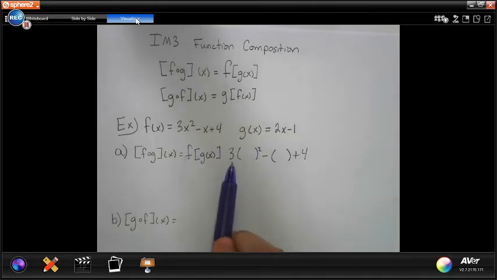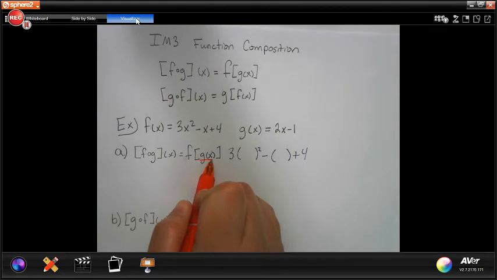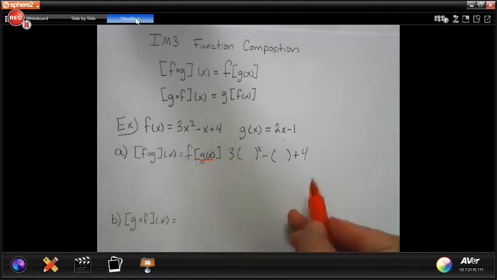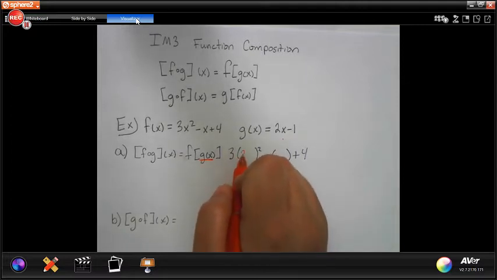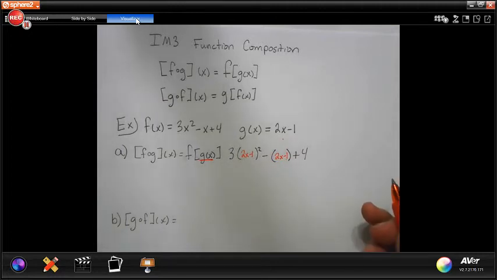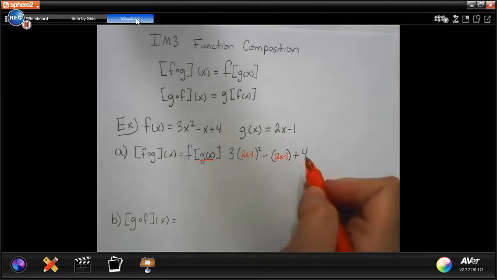Notice wherever I said x, I put an empty parentheses. And what this means, this is my plug-in. So whatever my g of x is going to go everywhere I see an x. So I have 2x minus 1 here and 2x minus 1 here. Okay.